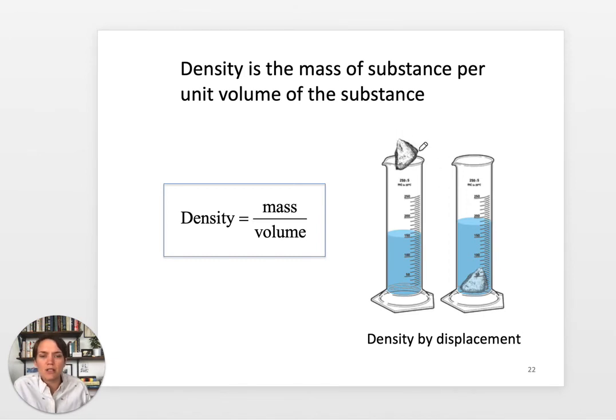You submerge or drop that ingot, or that irregular shaped object, into that cylinder. The water level rises. That rising of the water level is due to the volume of that object displacing that water. So the volume of the object is going to be equal to that difference in height that we see here. Right? So that difference of height in the water level.